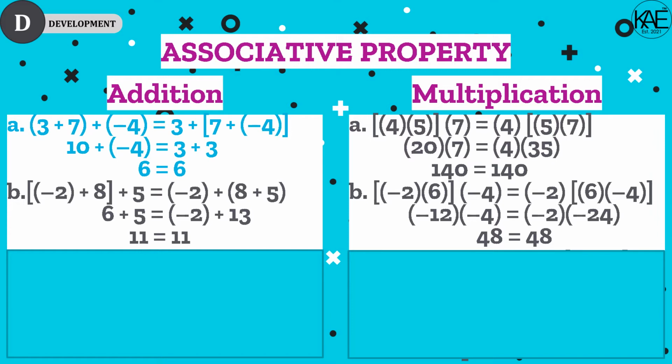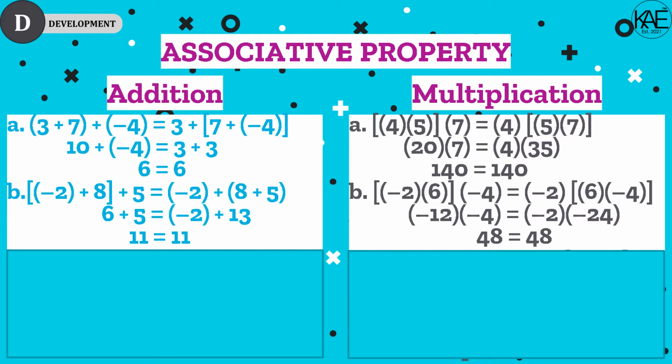Letter B example, the quantity of negative 2 plus 8 added to 5 is equal to negative 2 plus the quantity of 8 plus 5, which will now be equal to 6 plus 5 is equal to negative 2 plus 13. Answers: 11 is equal to 11.